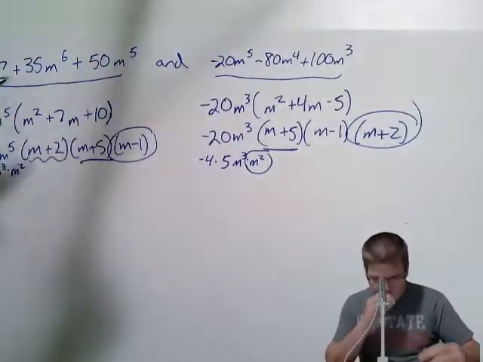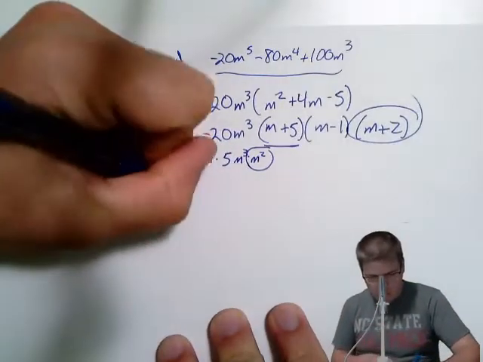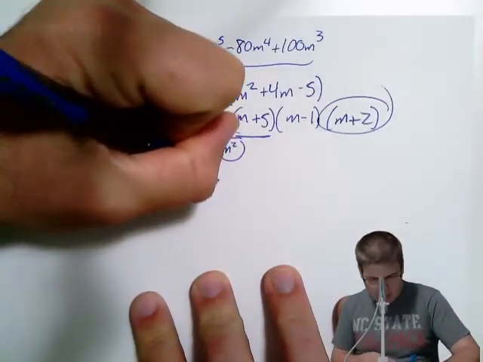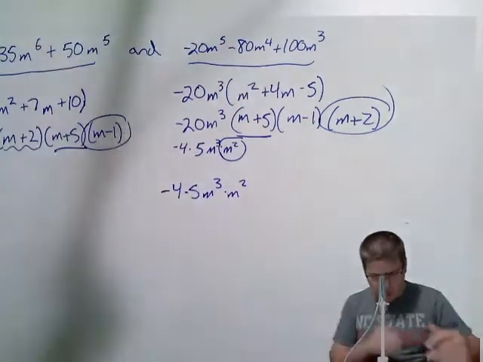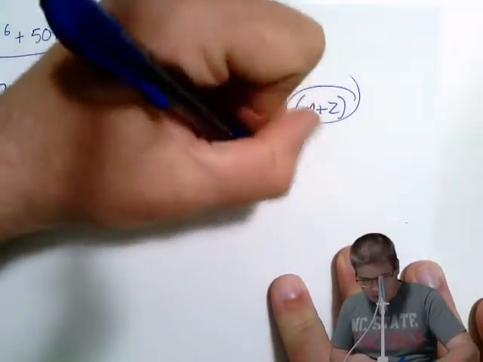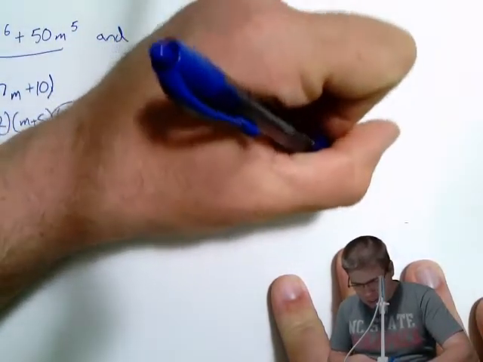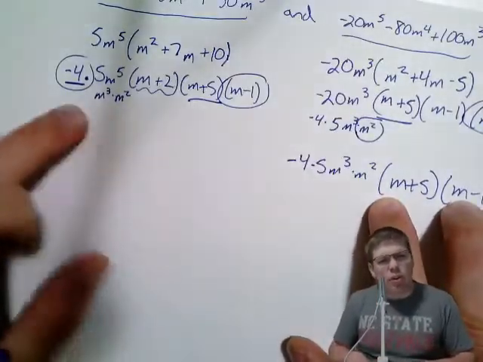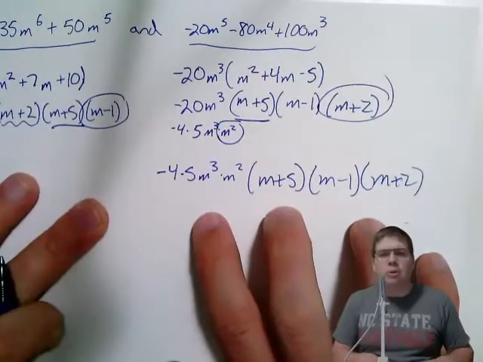But at this point, I didn't write it all out. I can write it this way: negative 4 times negative 5 m cubed times m squared. This is a little bit spread out here. M plus 5, m minus 1, m plus 2. This would be the same as if I did the same thing over here. I could write that all out. Both of them would be the same.